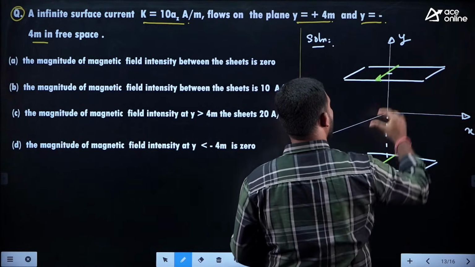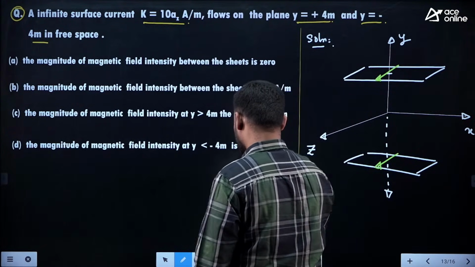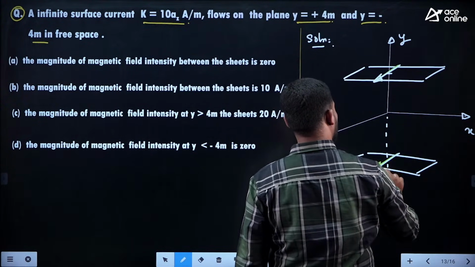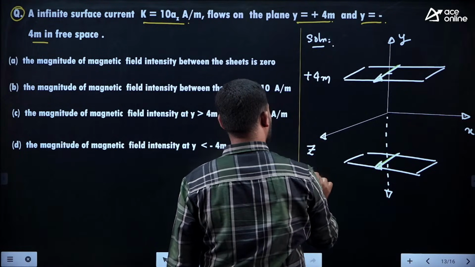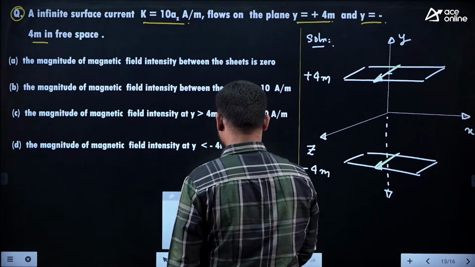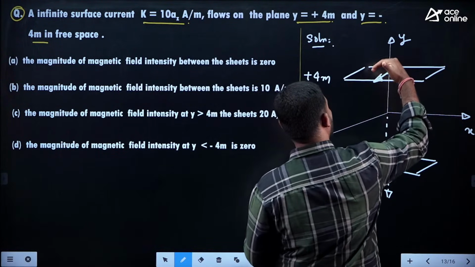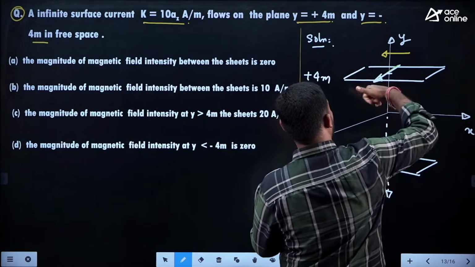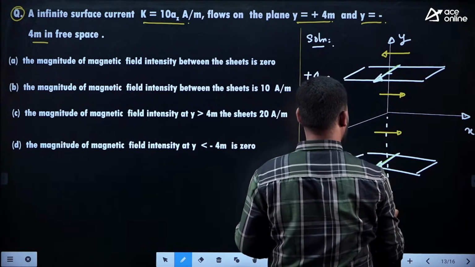So it is plus 4, it is minus 4. For the above one, I'll use this yellow color. If I put my thumb like this, my fingers will show the direction of the magnetic field like this.